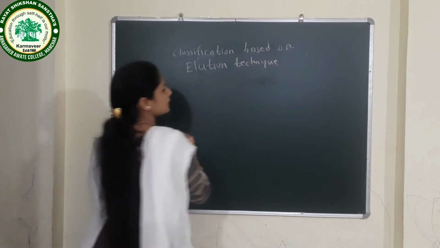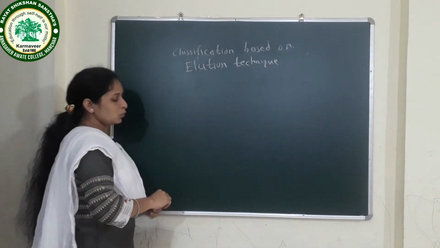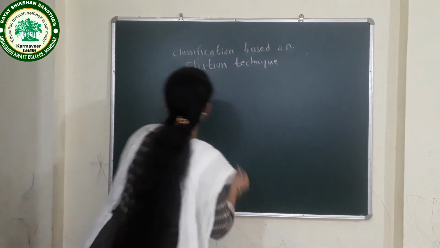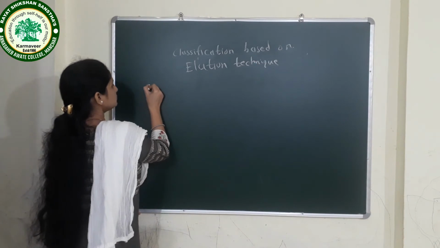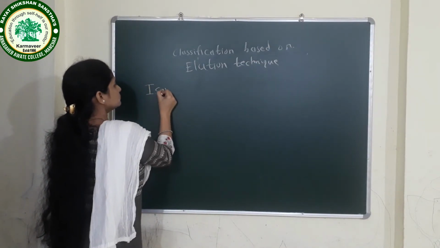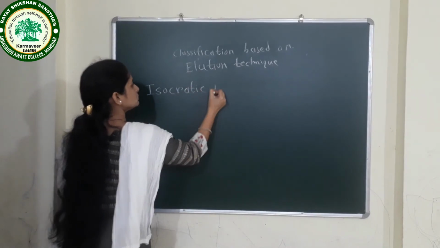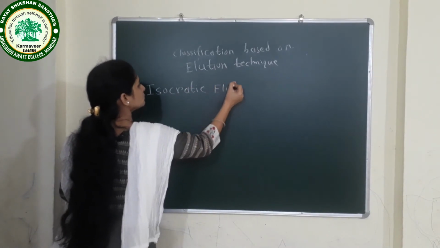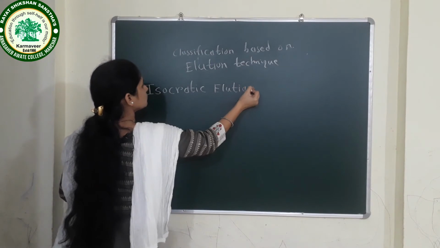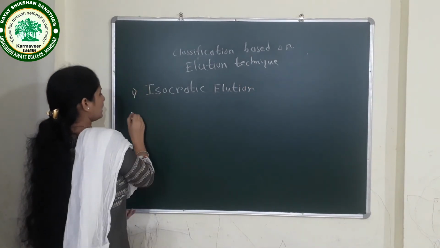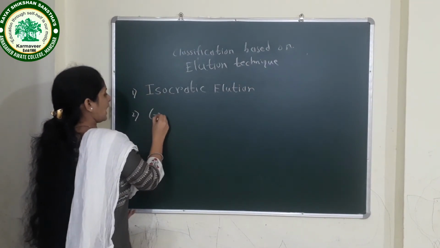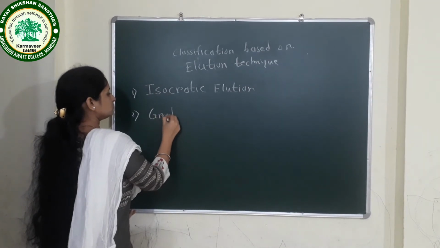In this elution technique also there are two types. First is the isocratic elution, and second is the gradient elution.